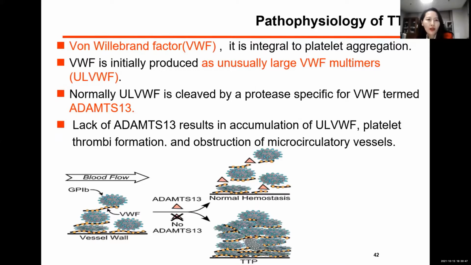Physiology of TTP. Von Willebrand factor, VWF, is a factor integral to platelet aggregation.